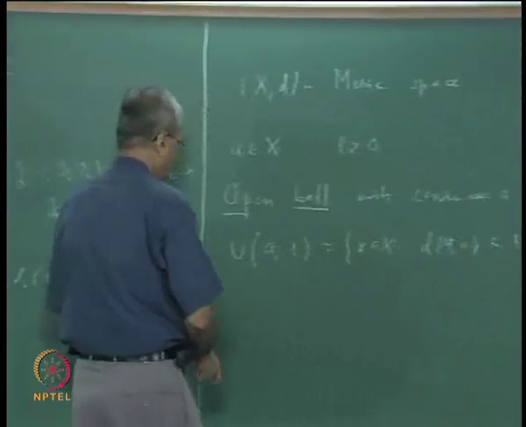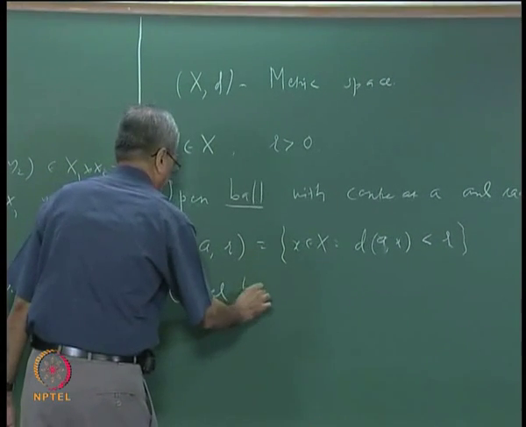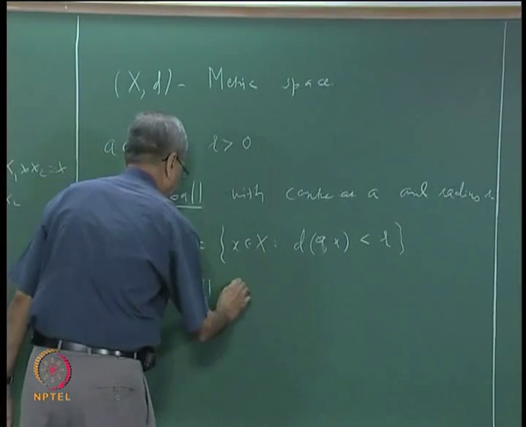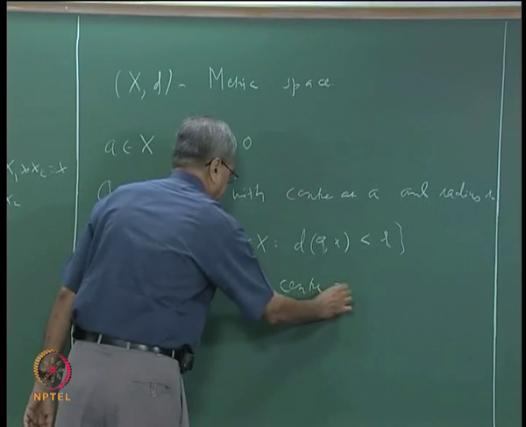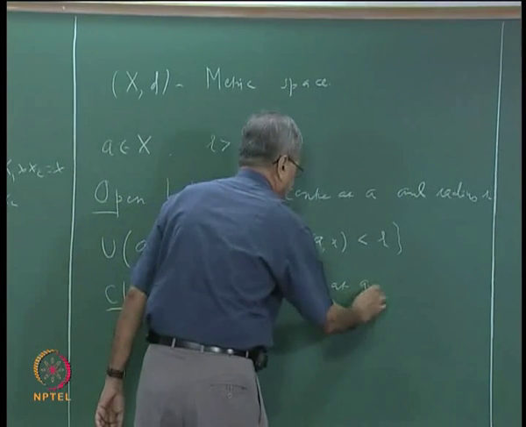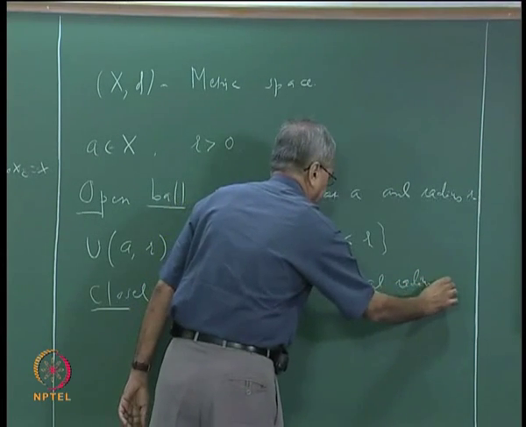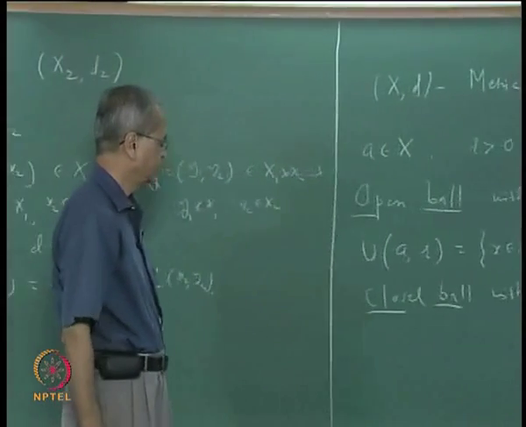Similarly, we will define what is meant by closed ball. Again, closed ball with center at A and radius R, okay.